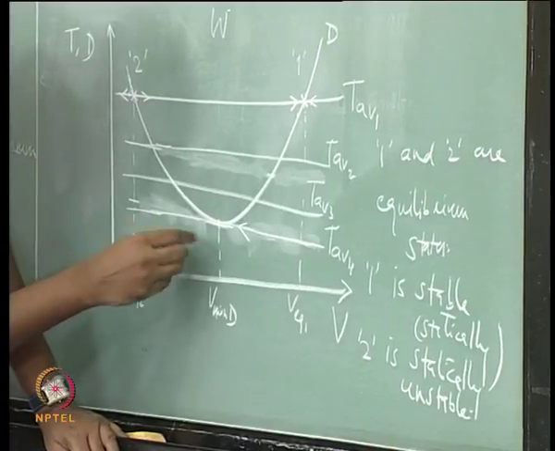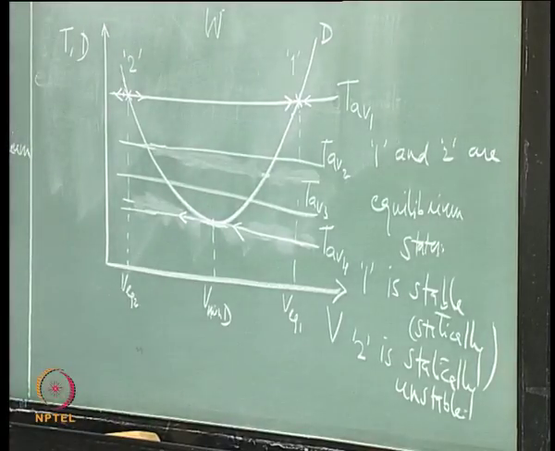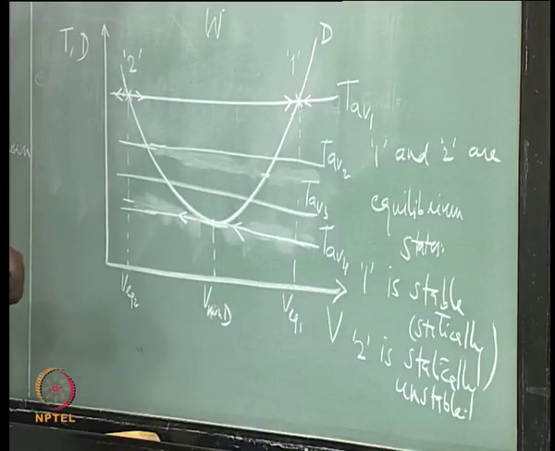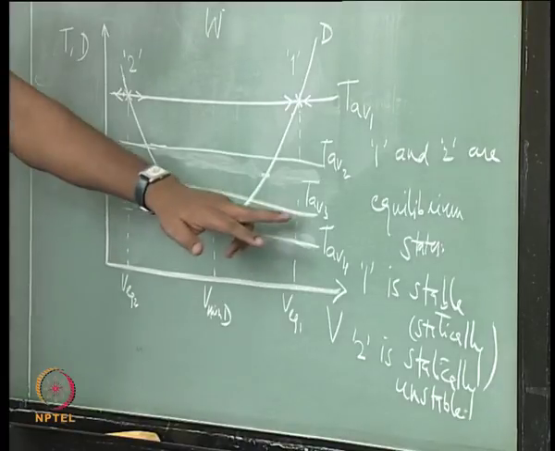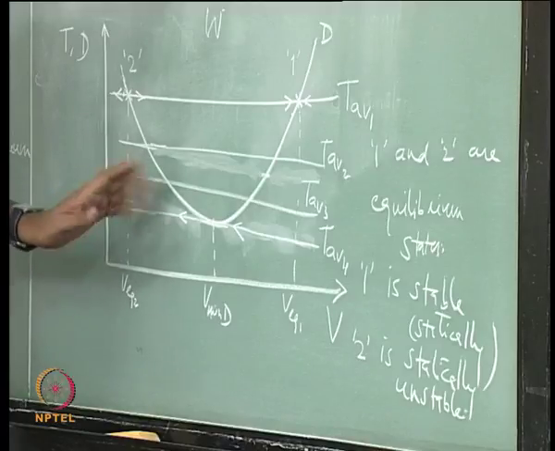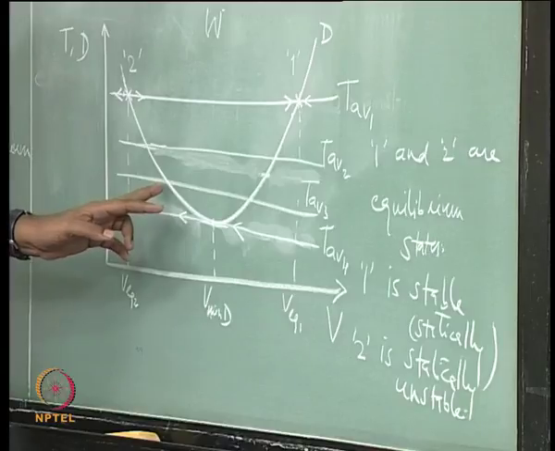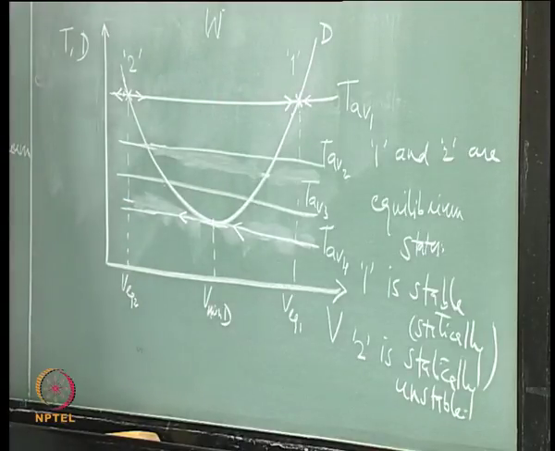On the other side also it is the same thing. So, this is a neutrally stable equilibrium state, and any equilibrium state for the thrust available higher than the minimum drag, any equilibrium state on the back side of this curve is unstable and on the other side is stable.